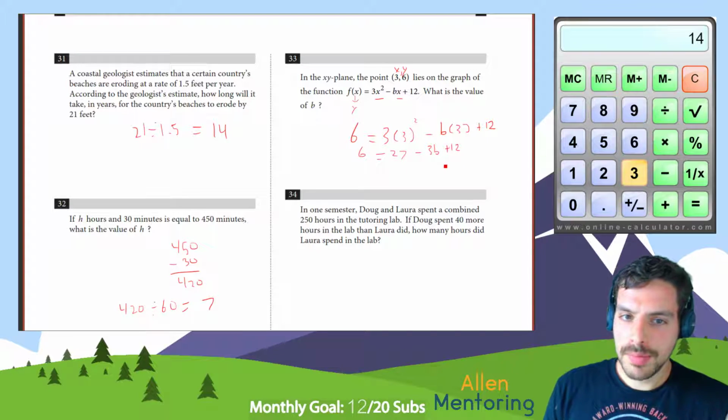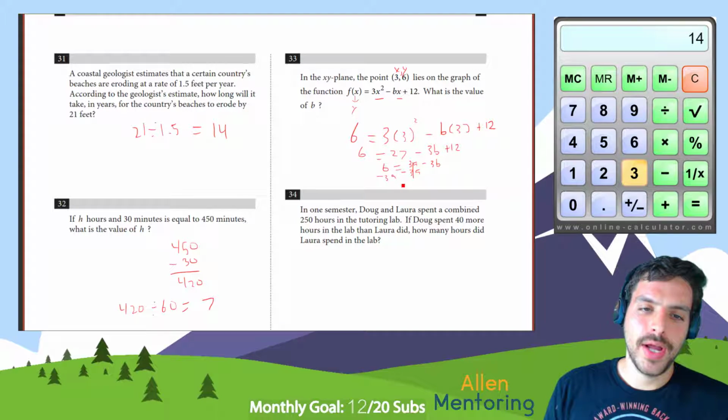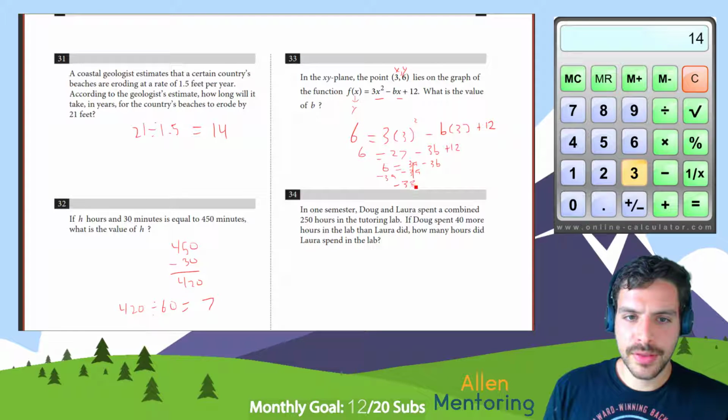Let's not make any stupid mistakes. 27 plus 12 is 39. So 39 minus 3b equals 6. Subtract 39 on both sides. What is 6 minus 39? That's going to be negative 33 is equal to negative 3b.